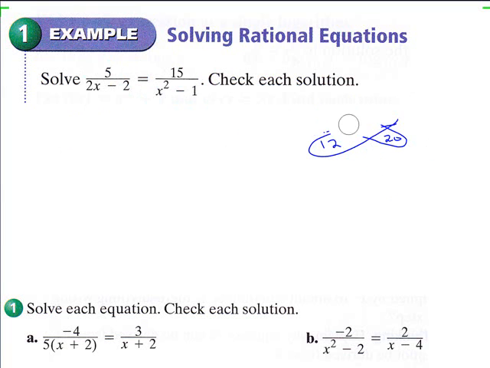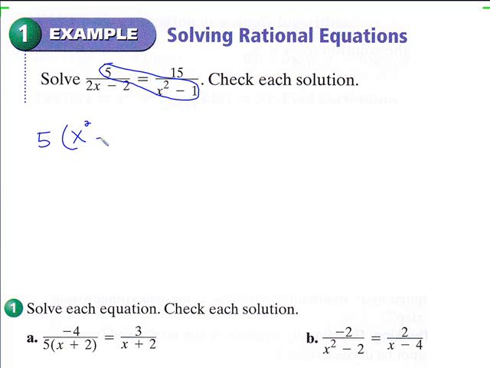Depending on what kind of numbers you have, after that, the approach might be a little bit different to solve. So cross multiply there, so we're taking 5 times x squared minus 1, and then we've got 15 times 2x minus 2.